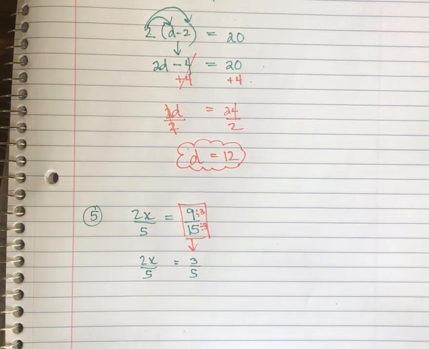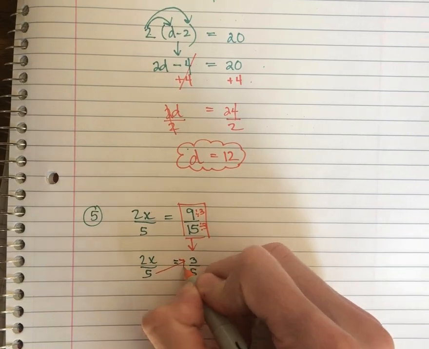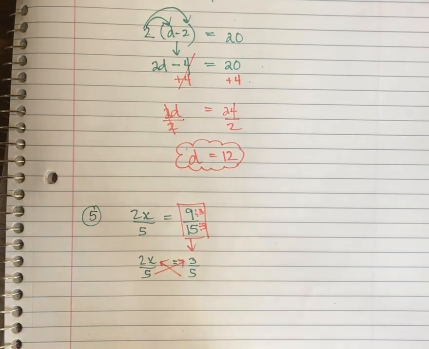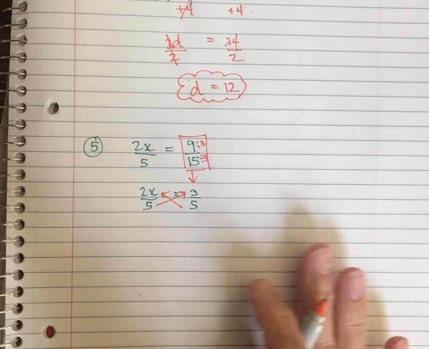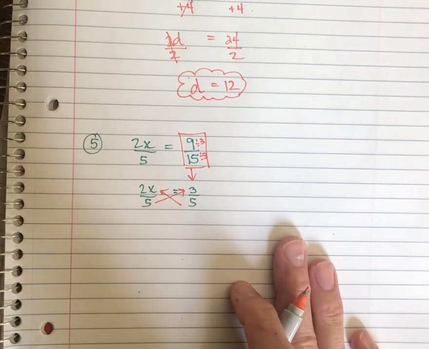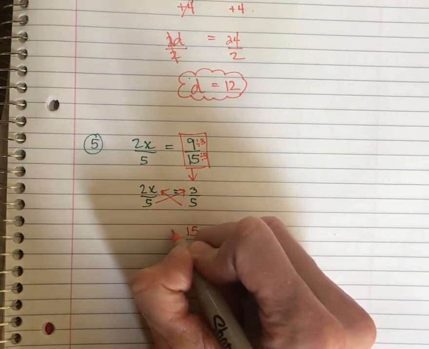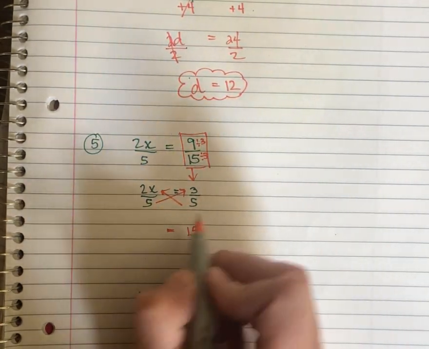From here, you need to use cross products to solve. Cross products will always be equal in proportions because those ratios are equal. So let's work it out. 5 times 3 is 15. There's one cross product, and it doesn't matter which one you put on which side.